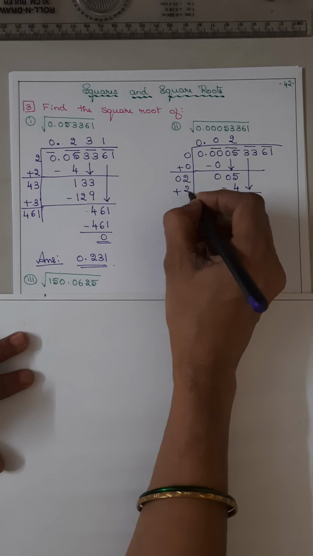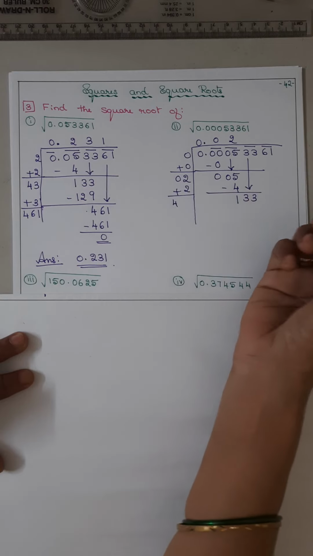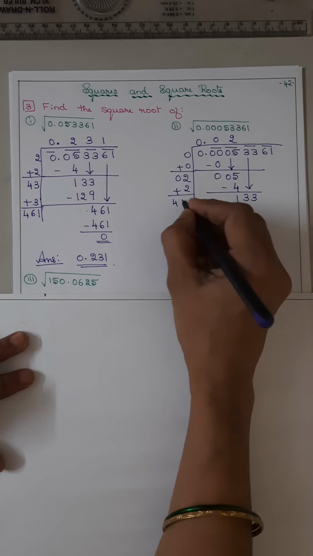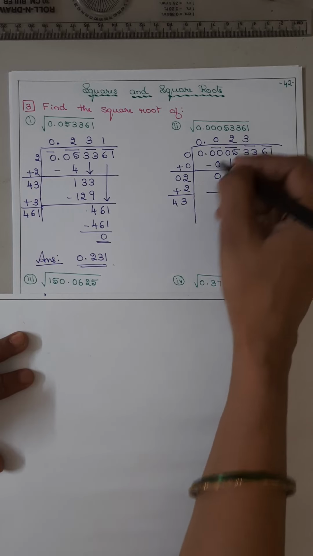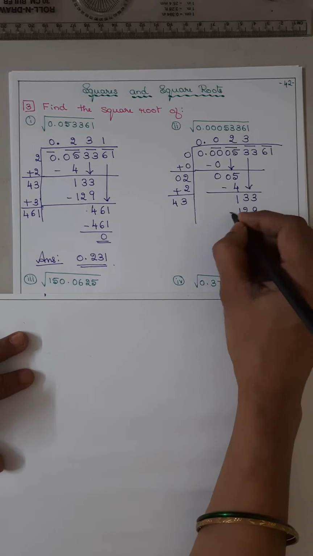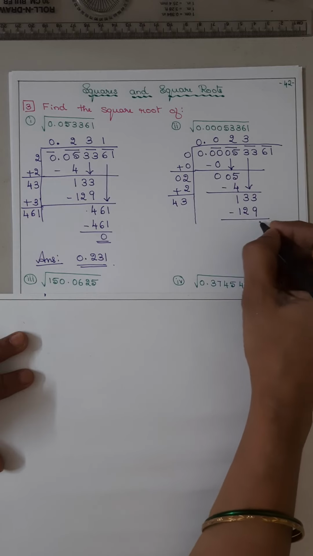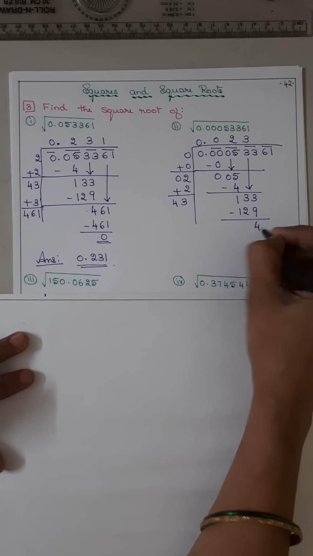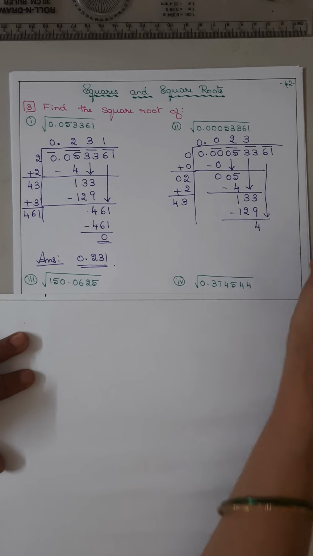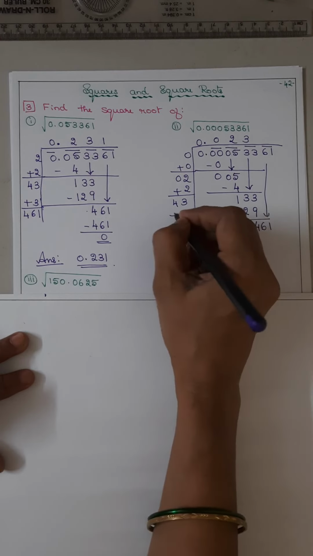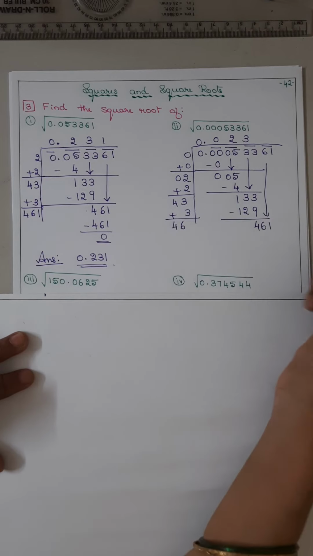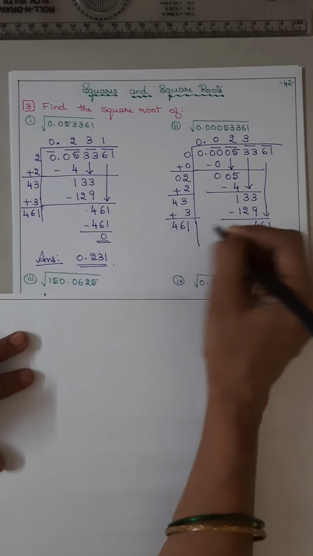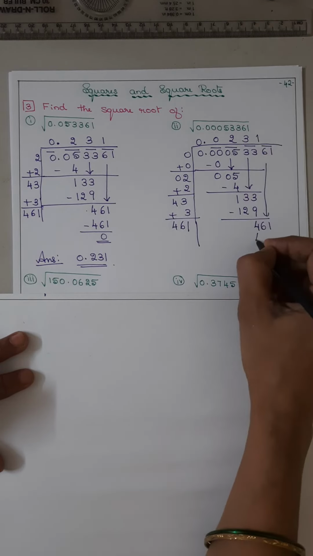Add 2. It became 4. 3 3s are 9, 3 4s are 12. 13 minus 9, 4. Bring 61 down. Add 3, it is 6. This is 461. So it is 1.